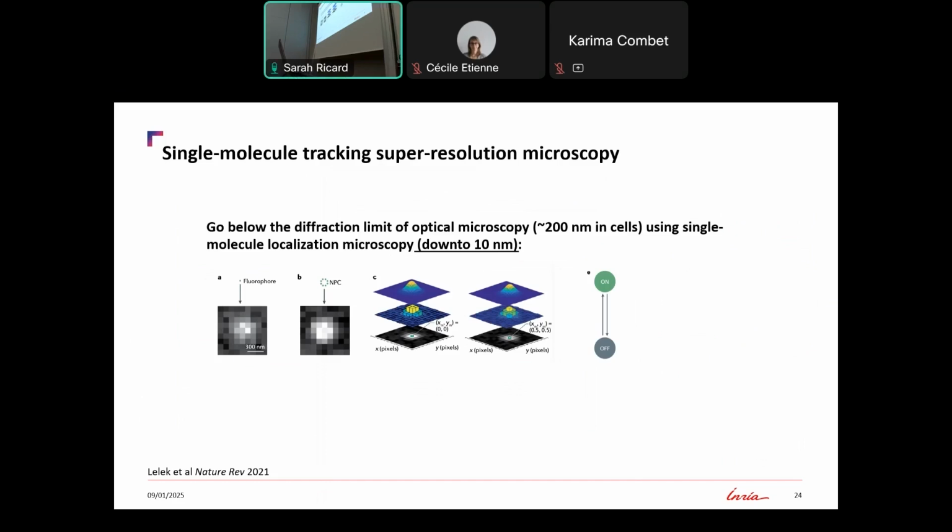So if the dyes emit a photon stochastically, and you do your experiment well, there is a high chance that your neighbors won't send the photon at the same time as you do. And so that's it. You have a single molecule experiment. And it works very well.